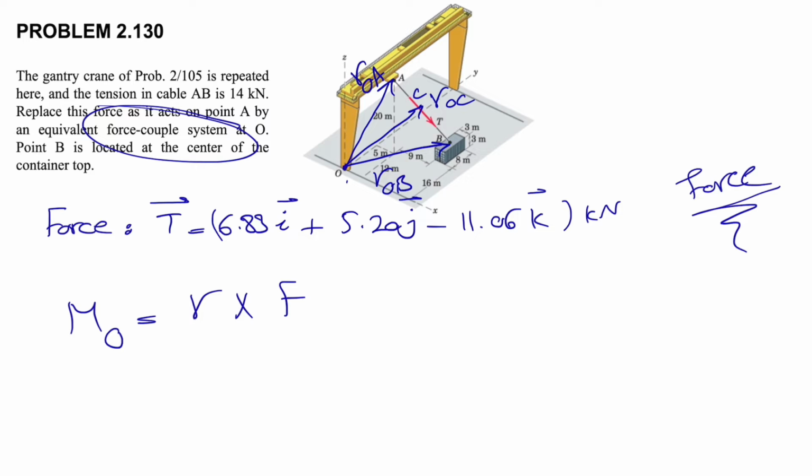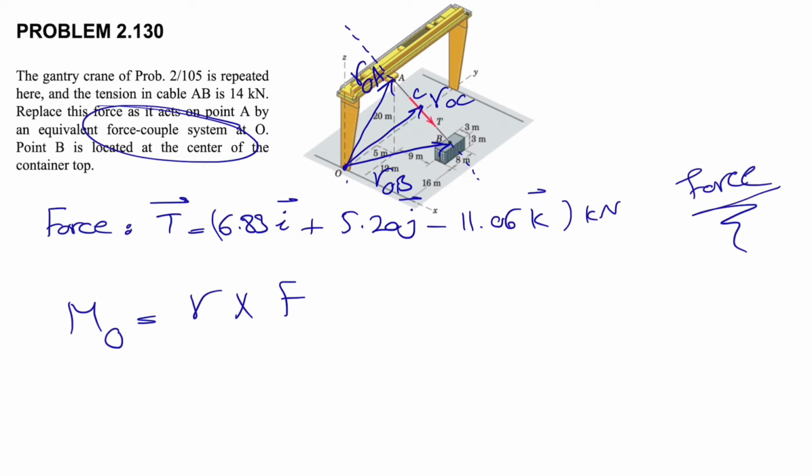Let's call this point C. And the answer is that the position vector is any vector that connects the point that we are finding the moment about, which in this case is point O, to the line of action of the force.